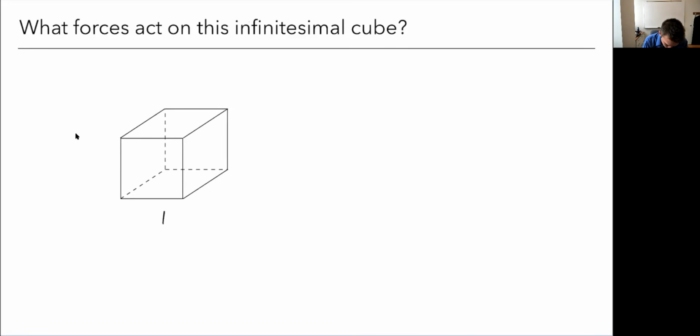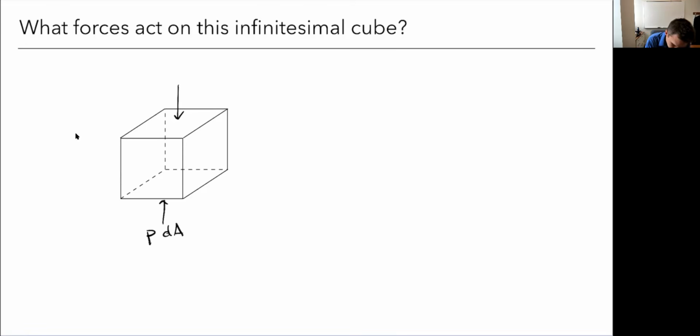So over the bottom surface, there's going to be pressure, and it's going to be acting over some small area. We'll call that area dA, all right? So pressure times my area gives me a force. So there's a force on the bottom of this cube. There's also going to be a force on the top of the cube. And the pressure, because we're trying to figure out how it changes in altitude, implicit is the assumption that the pressure changes in altitude, right?